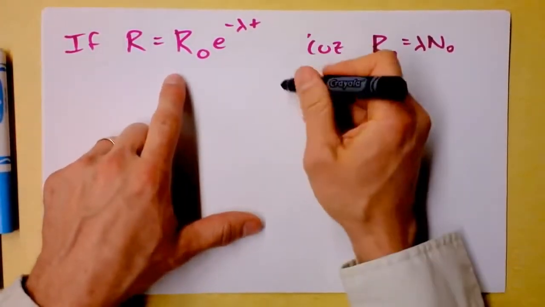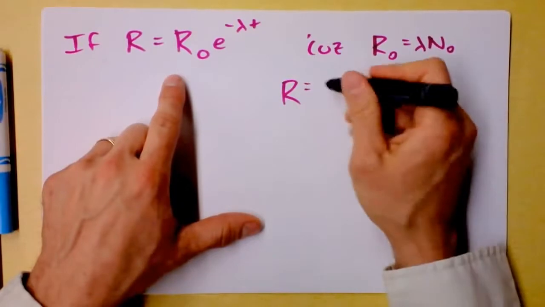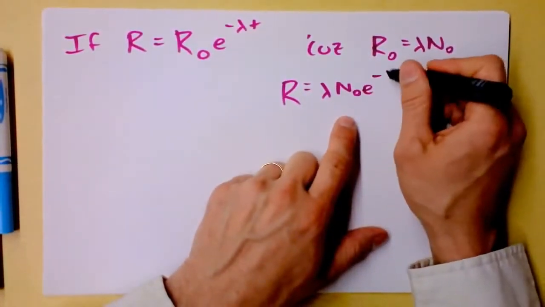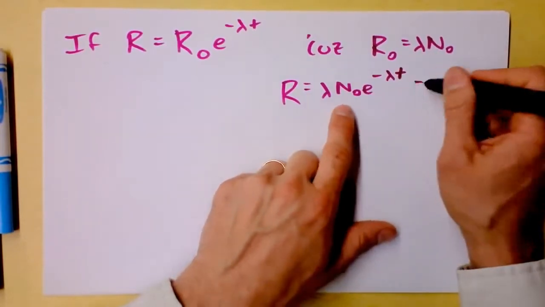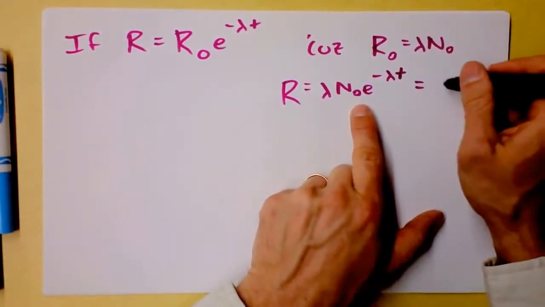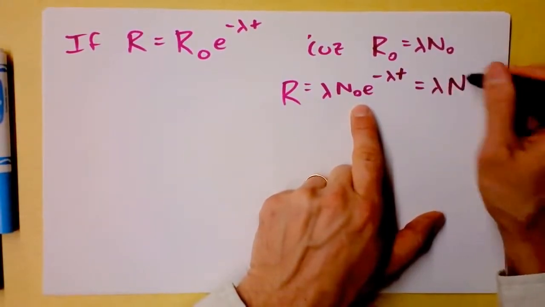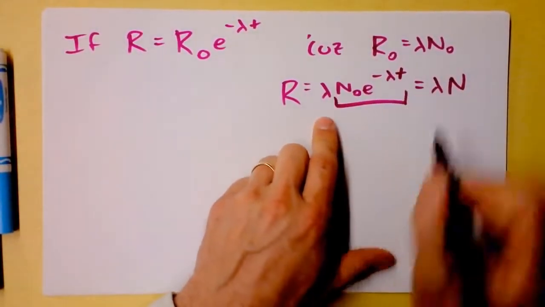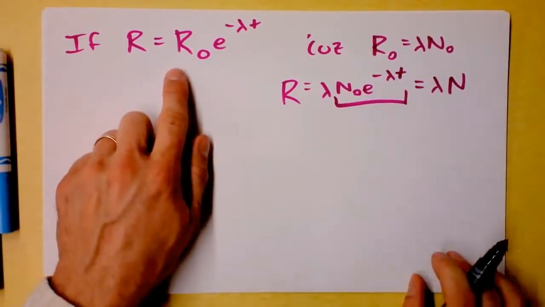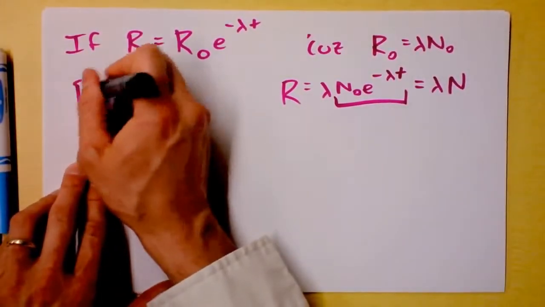And activity is lambda times N naught times e to the minus lambda t, because the definition of activity is lambda times N, and this is N at any moment in time. So this is a reasonable statement, and then we can just solve this.